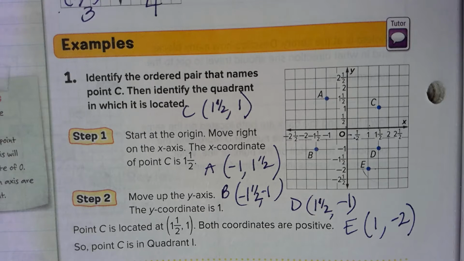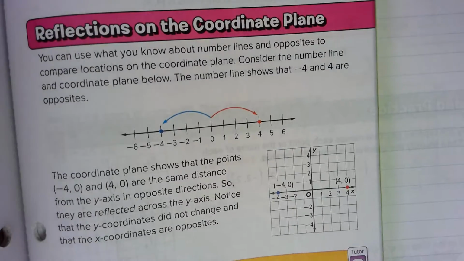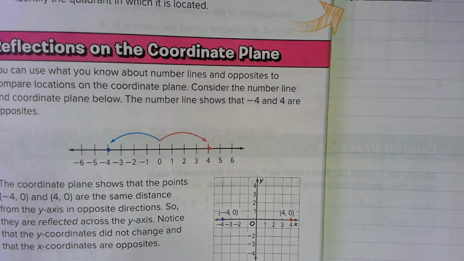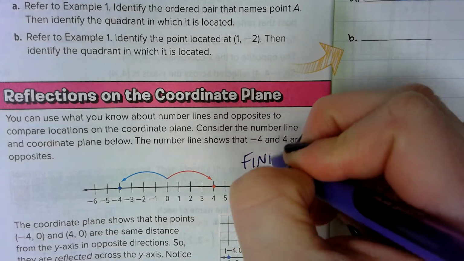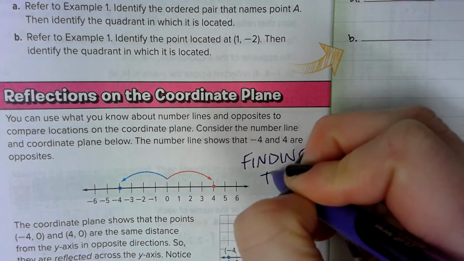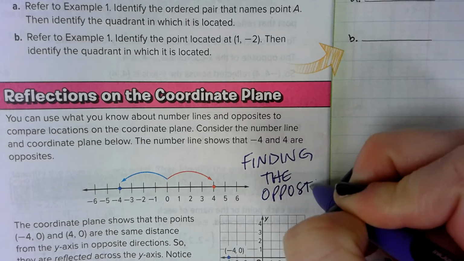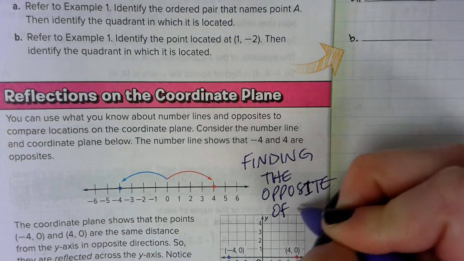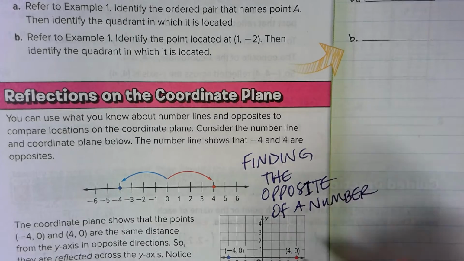Okay, so now reflections on the coordinate plane is what we're working with next. Guess what? This is exactly the same thing as finding the opposite of a number, except it's now on a graph and not on a number line.